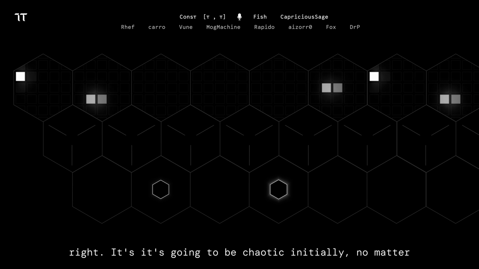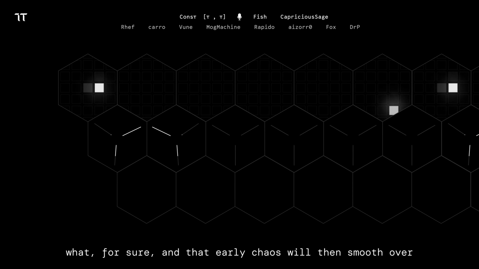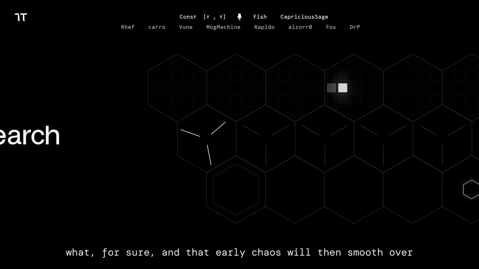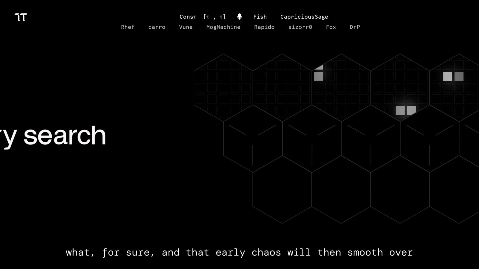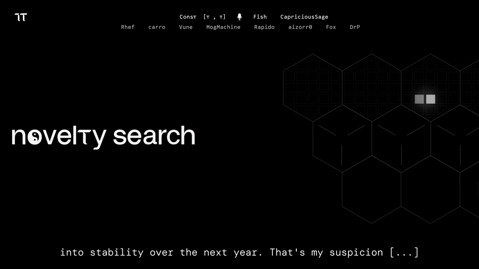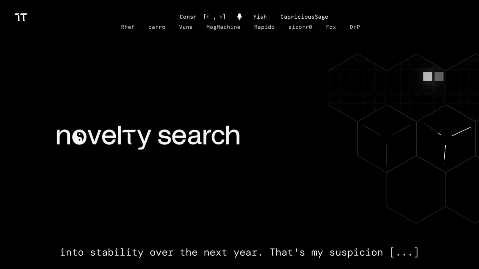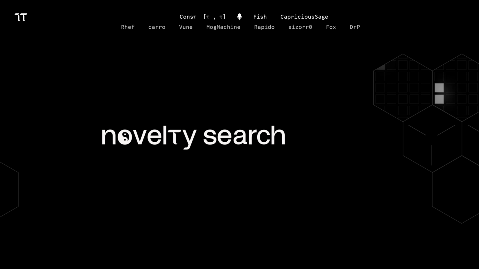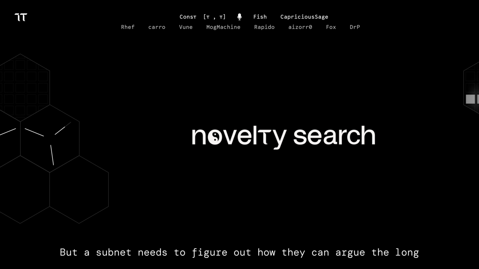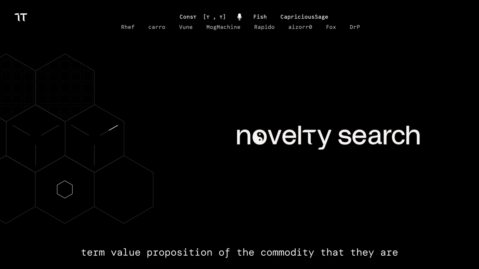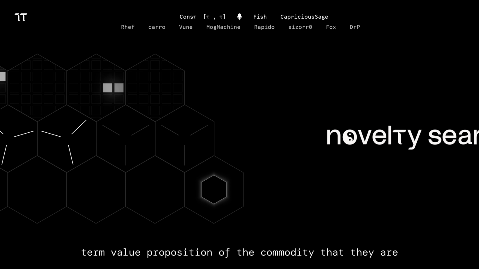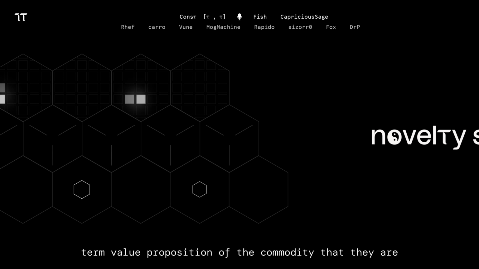It's going to be chaotic initially, no matter what, for sure. And that early chaos will then smooth over into stability over the next year. That's my suspicion of what will happen. But a subnet needs to figure out how they can argue the long-term value proposition of the commodity that they are running.